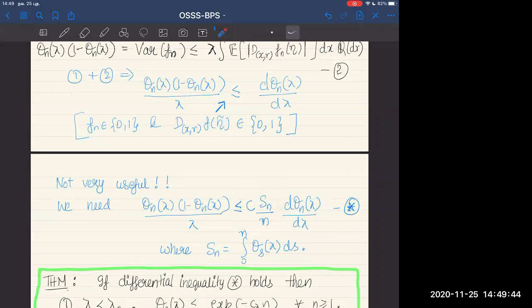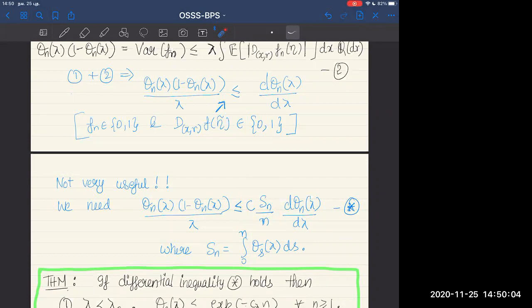I need this extra factor in the inequality, where Sn is nothing but the integral of theta s of lambda from 0 to n. So this is the key inequality we are looking for. We somehow want to get this c Sn by n in the inequality.